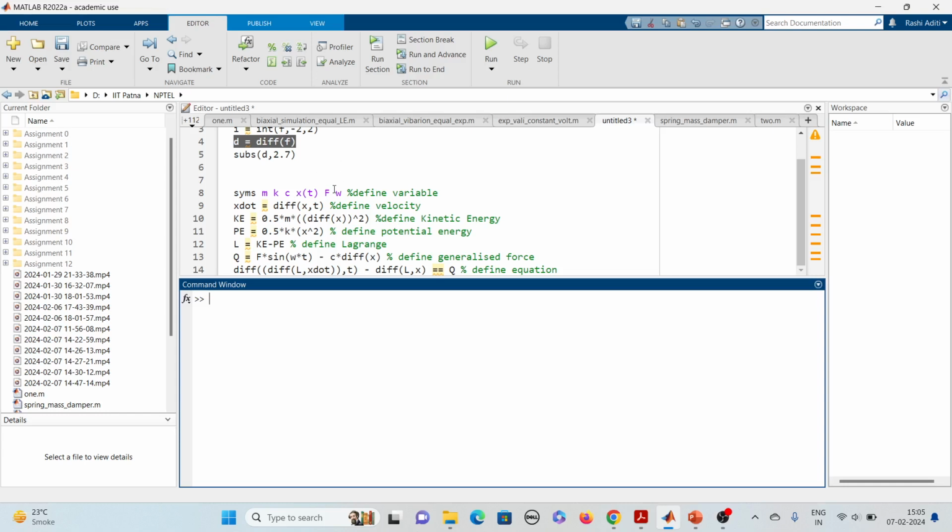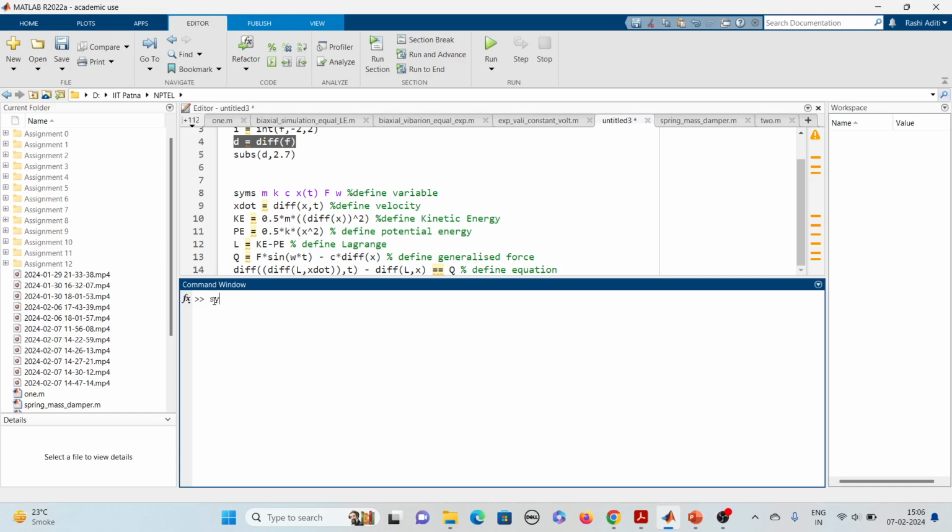If I write x like that only, what is going to happen? I can write it, but since I want the differentiation of x with respect to time, I'm telling MATLAB that x is actually a function of time, so that when I ask MATLAB to differentiate it, it is going to differentiate it with respect to time so that I can get x dot and x double dot.